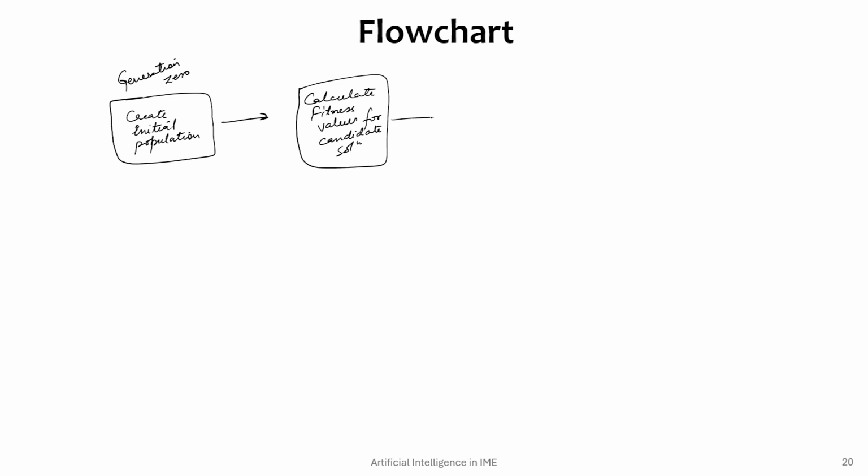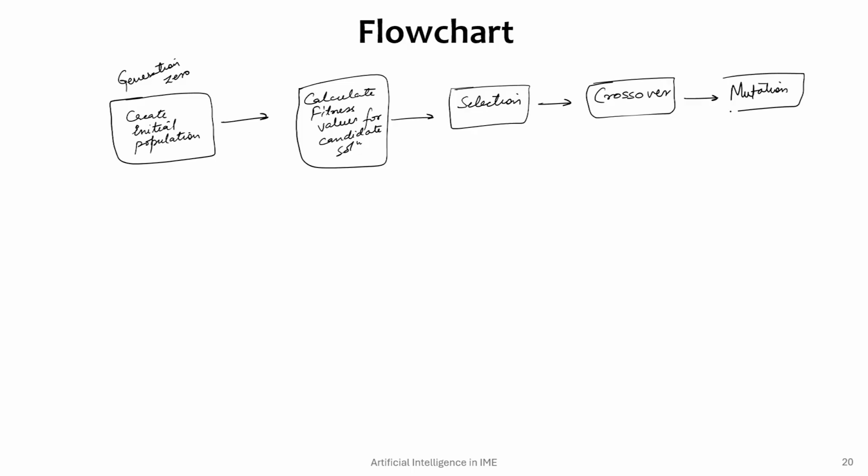After getting the fitness values for each solution, we will apply our selection operator. So we will do selection, then we will implement crossover, after that mutation.